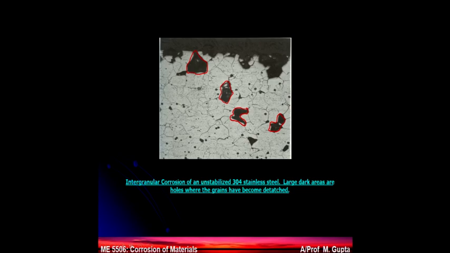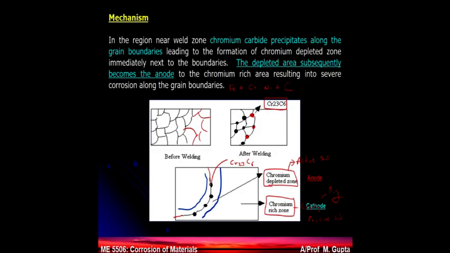All right, so let's go back to this one. So we know that this intergranular corrosion takes place because of the precipitation of this phase, and since this phase comes out, it leads to the formation of anode and cathode. So the culprit is this phase.